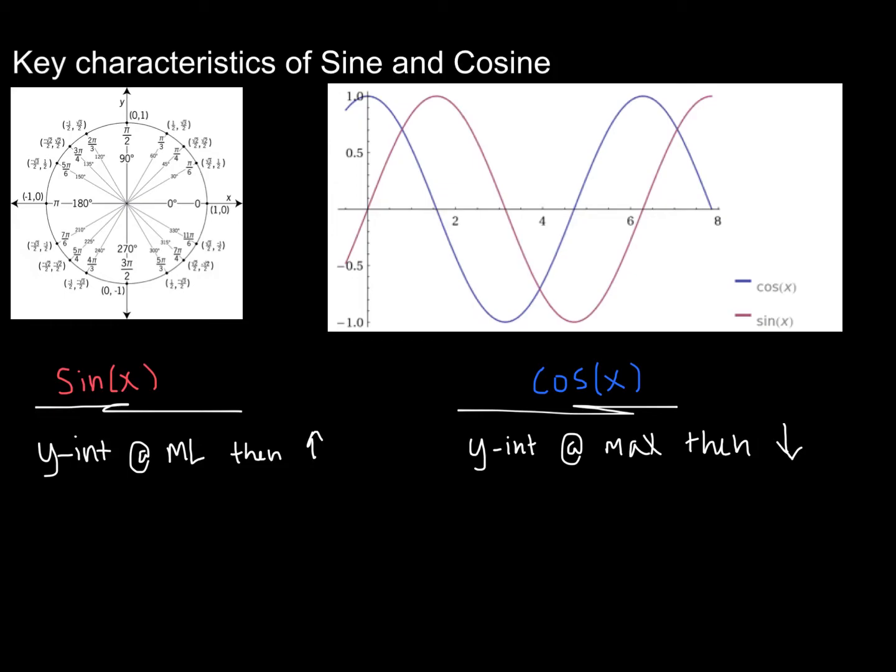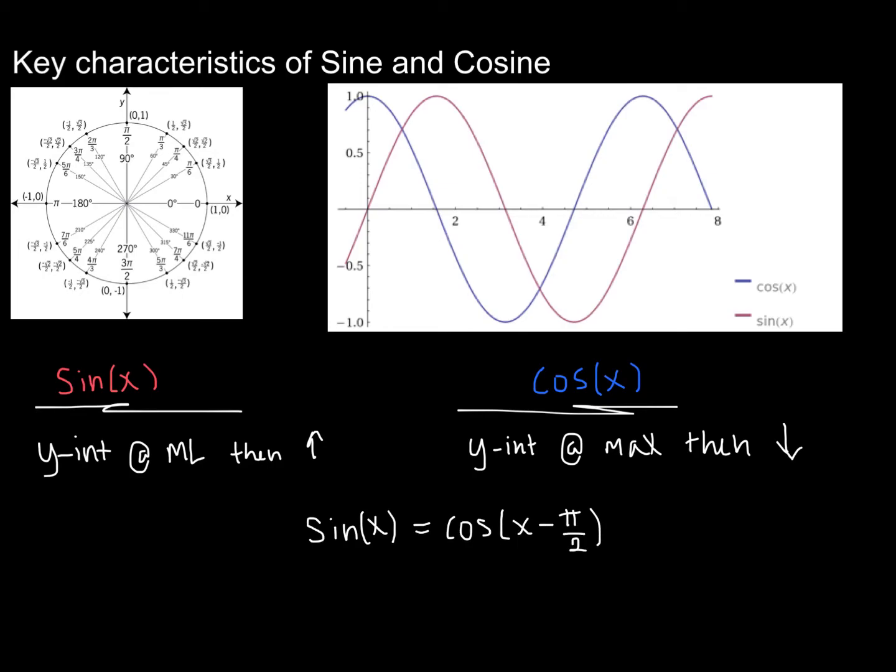We discussed this earlier, where we said if you translate your cosine function pi over 2 units to the right, it will be exactly the same as the sine function. In other words, sine of x is equal to cosine of x minus pi over 2.